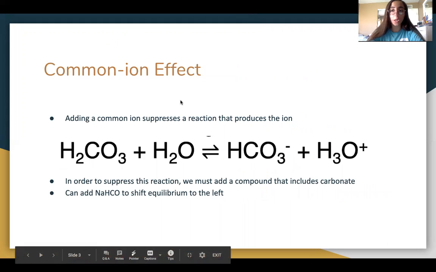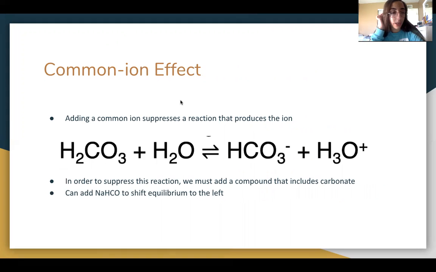So she also talked about the common ion effect. Adding a common ion suppresses a reaction that produces the ion. So let's say you have H2CO3 plus H2O going to HCO3- plus H3O+.